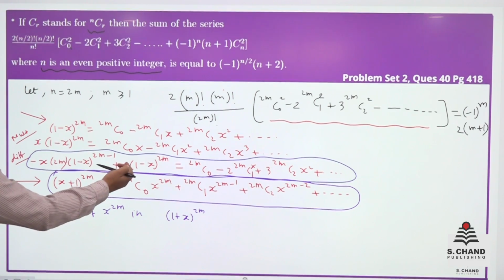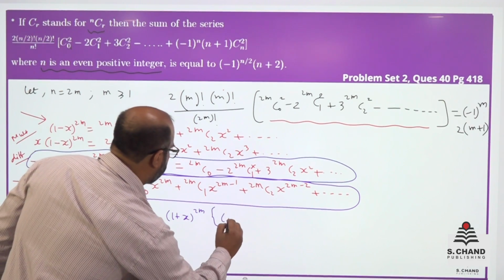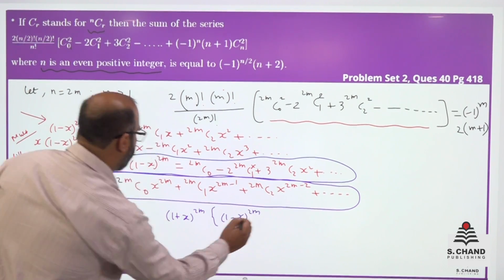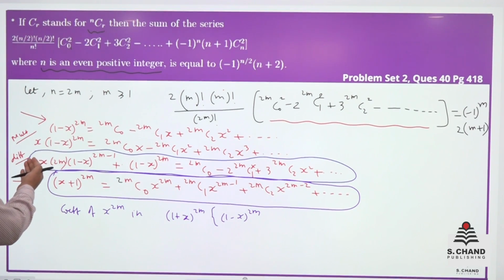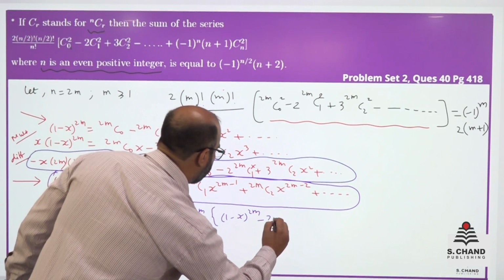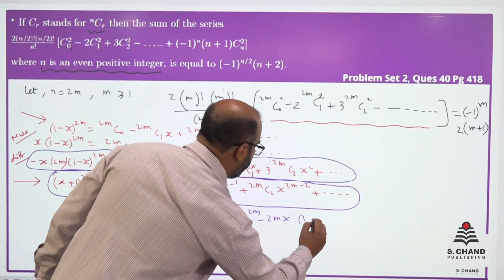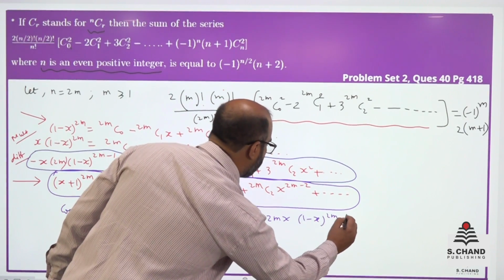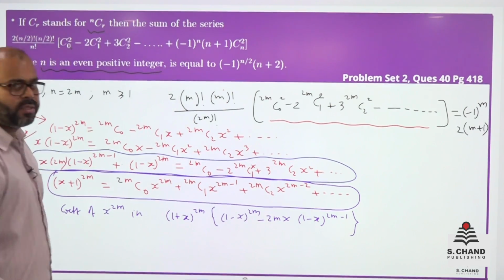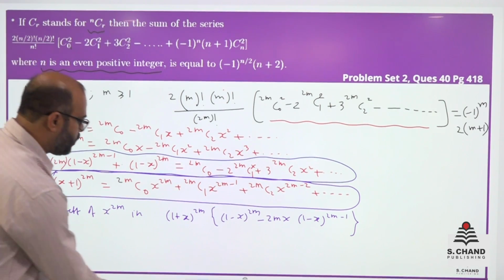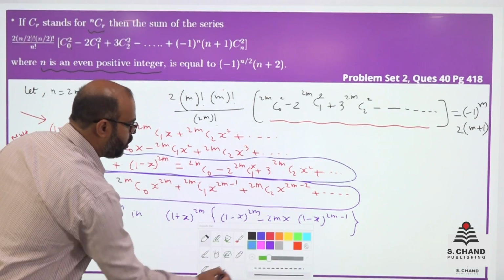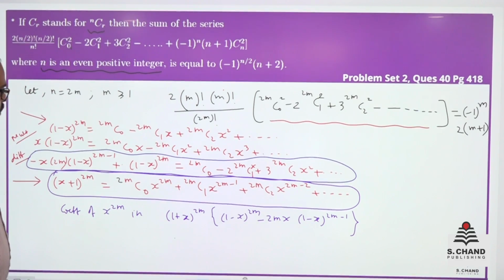This is 1 minus x to the power 2m. This is minus 2mx into 1 minus x to the power 2m minus 1. These type of questions are tough questions, but they will apply all the concepts that you have studied.